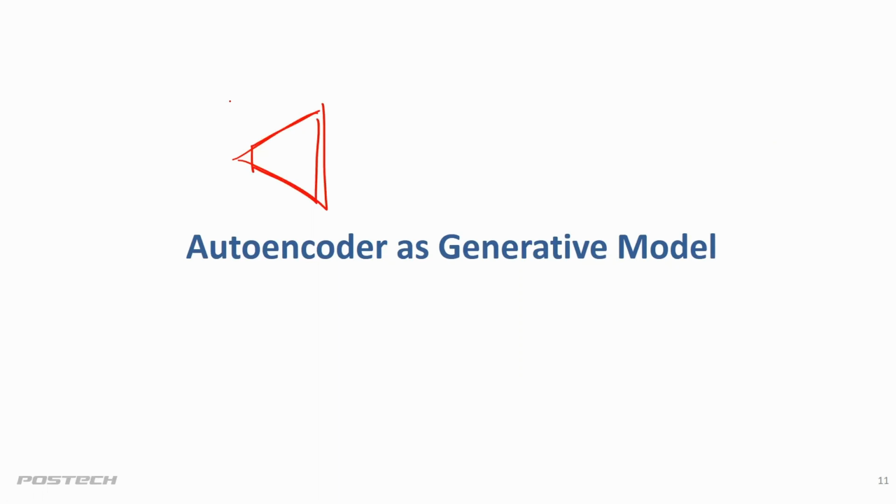This part is the latent space. We have a small number of neurons, and you can treat the decoder part of the autoencoder as a generative model. As a generative model, we can generate something from the latent space.